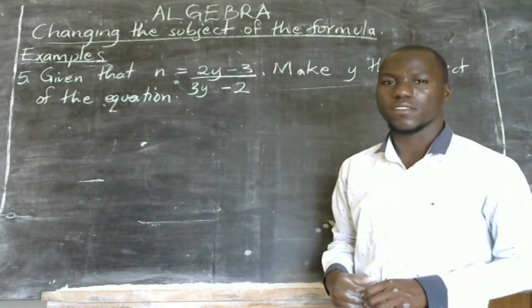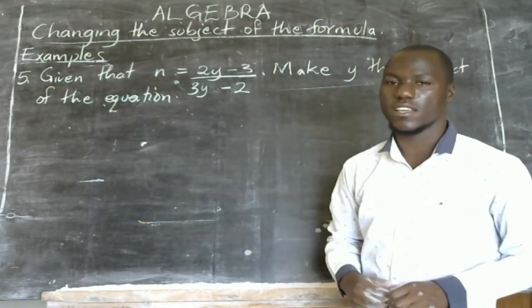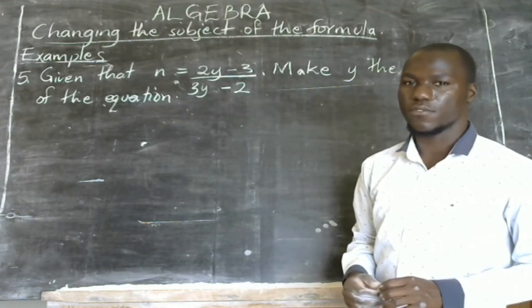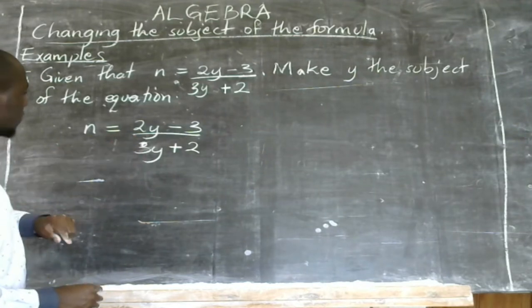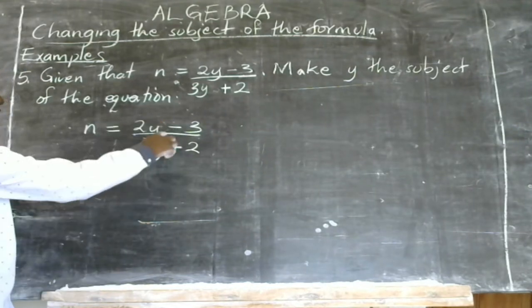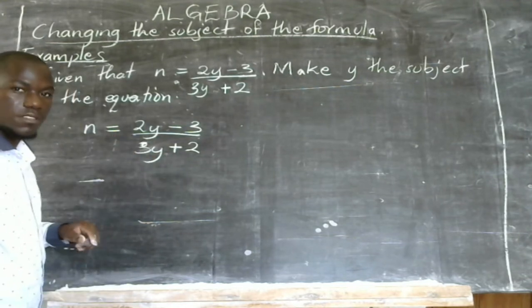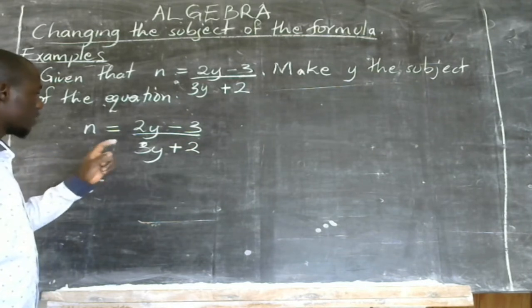Example 5: given that n is equal to that one there, make y the subject of the equation. So our equation is that we have y in the numerator and y in the denominator. First step is always to eliminate the numerators.